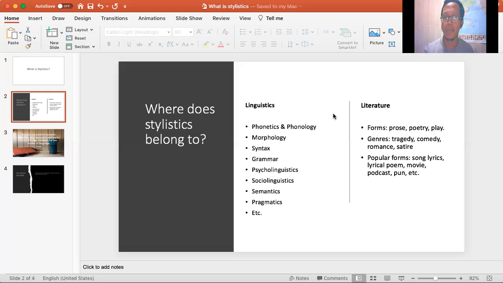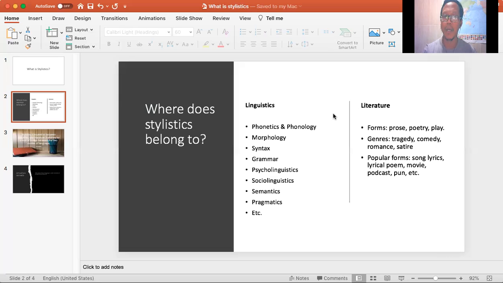I think when we discuss one of the chapters of our study of stylistics later, we will study the genres as well. And then popular forms of literature: literature now includes new and popular forms, and they are to some point also regarded as forms of literature that are of merit to be analyzed, like song lyrics, lyrical poems, movies, podcasts, and others.